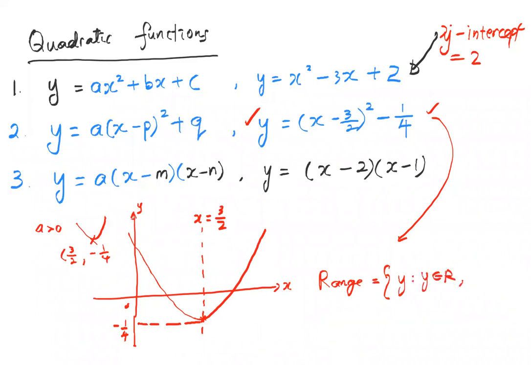So what is the smallest value of y? Yes, y must be greater than or equal to -1/4. So if I present the quadratic equation in completing the square form, it can ease my calculation of the axis of symmetry, the range, and the turning point.